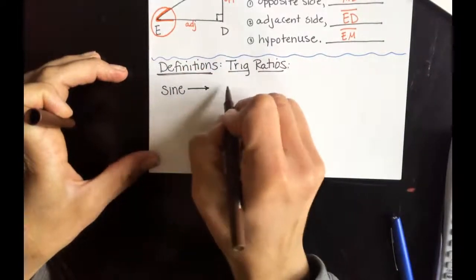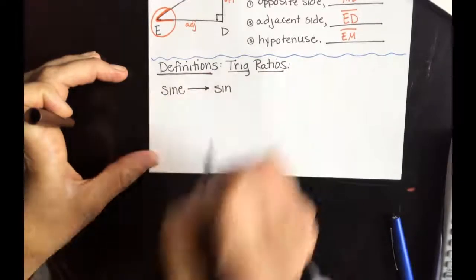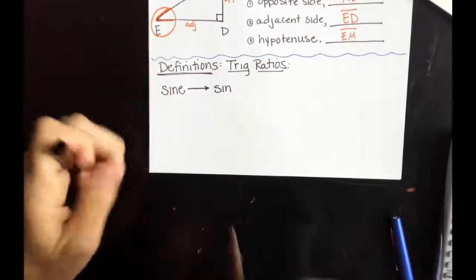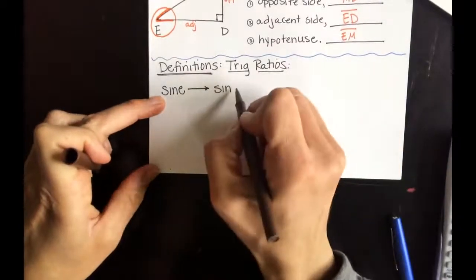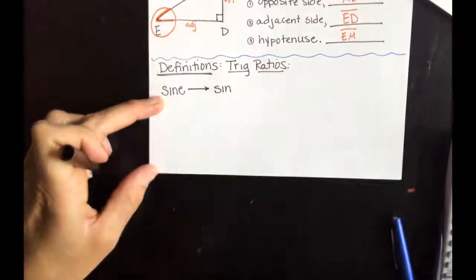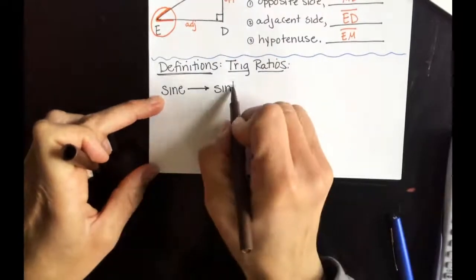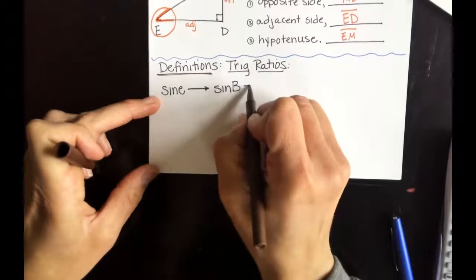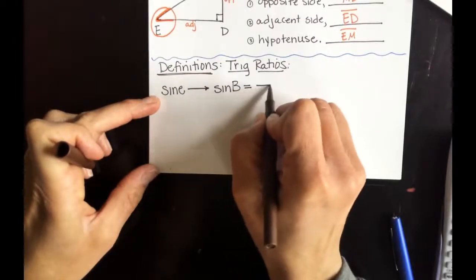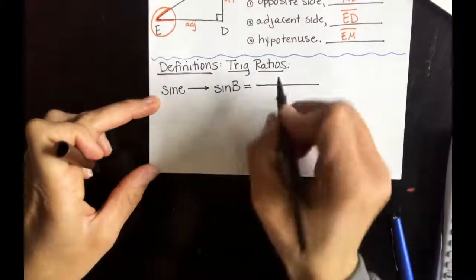However, it is always abbreviated SIN. And directly next to the abbreviation for sine will always be an angle measure. Now, before I use the letter A, let's use the letter B here. And then we're going to have a ratio.